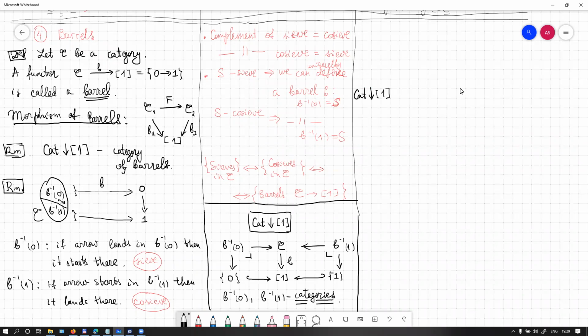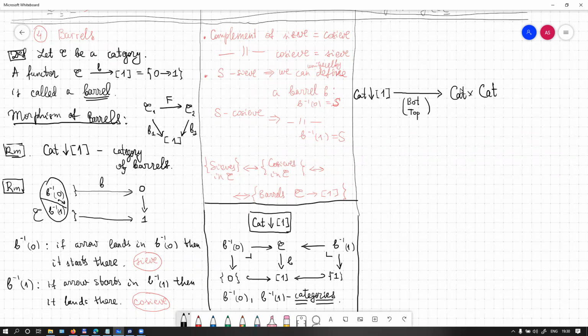Unfortunately, I do not have many names in my head, so I call it again bottom and top. Maybe it's better to call it sieve and co-sieve, but those are quite long names. And barrels, if you imagine a barrel full of water, alcohol, or whatever you want, usually have a bottom and top. So bottom and top of a barrel are our maps, which give us a sieve and co-sieve, a pair of categories.